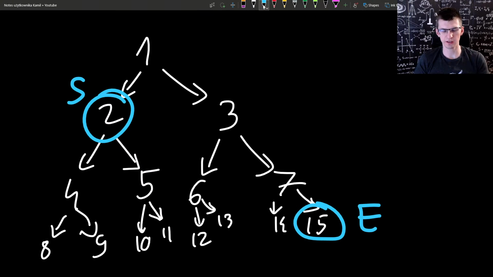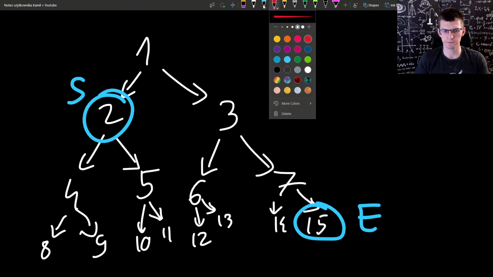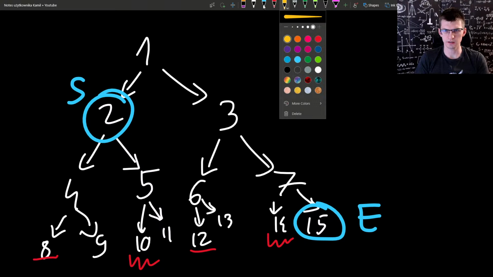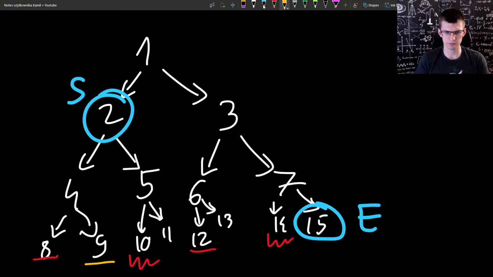Maybe every second vertex will have such an edge, so from 8 to 12, from 10 to 14, then in some other color, from 9 to 6, from 11 to 3, something like that.